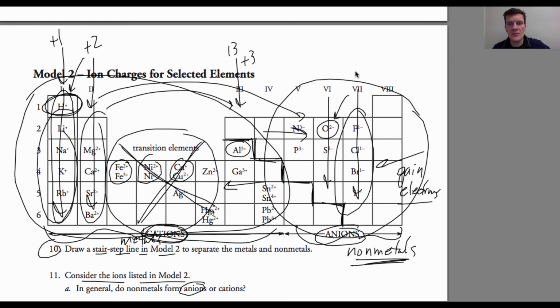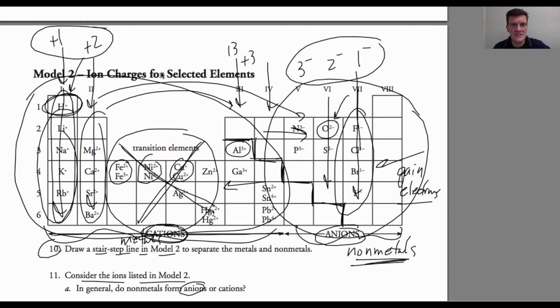Everything in the 7th or 17th group is going to form a -1, here -2, here a -3, and this group right here, well, there's some variety. So it could be +4 or something else, but these are very consistent.